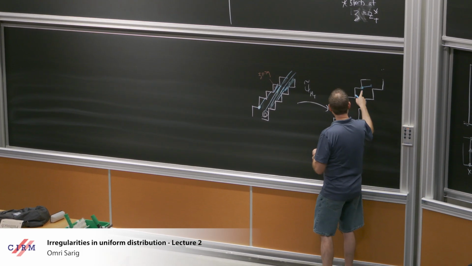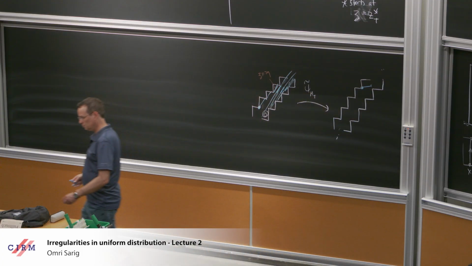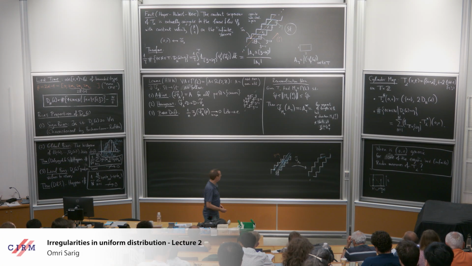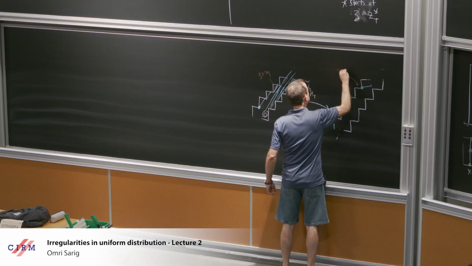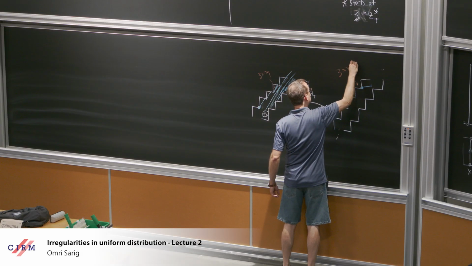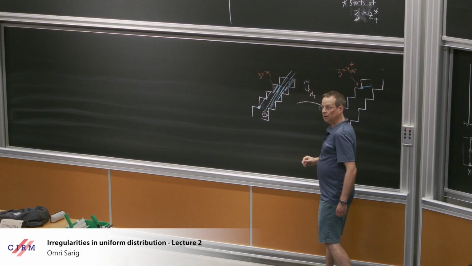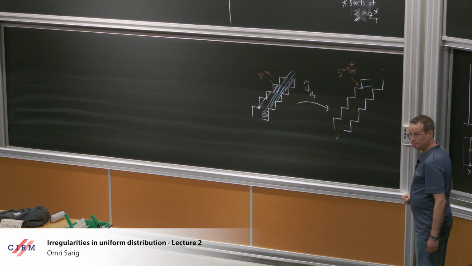Maybe it will start at a different height. This is actually very important, this phenomenon of starting at a different height. So please remember this is going to be crucial at the last lecture.